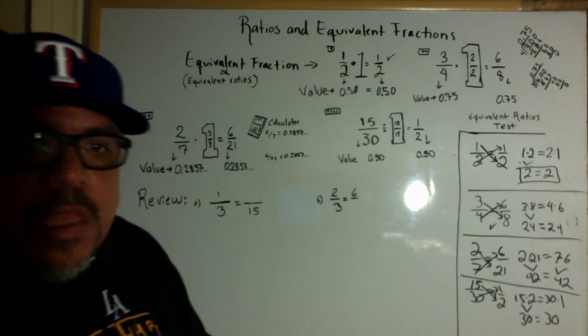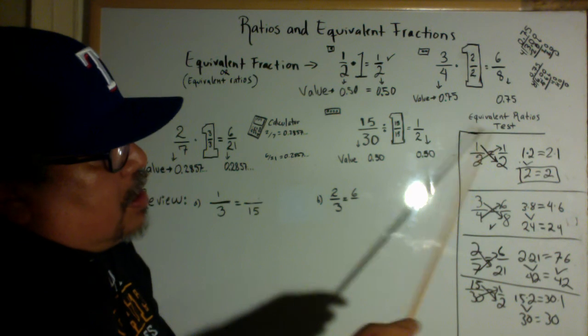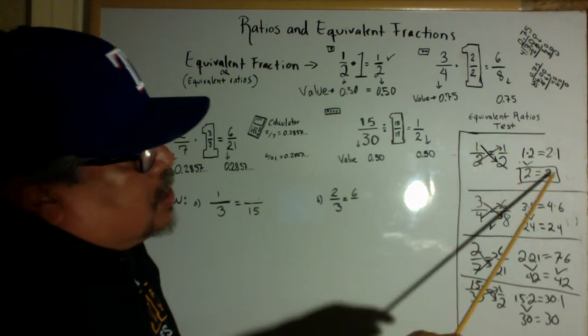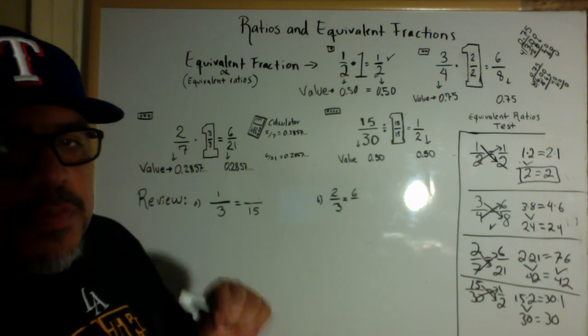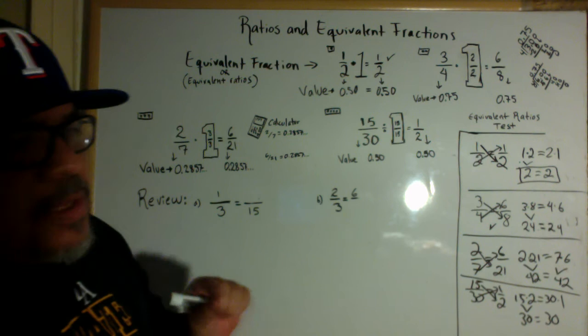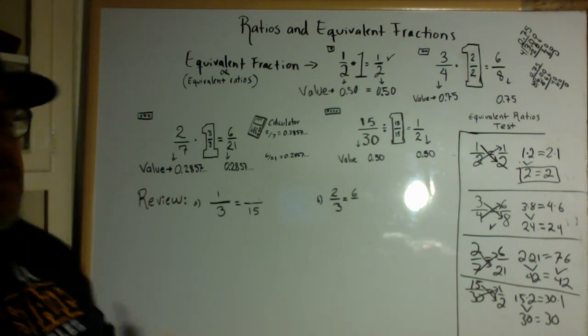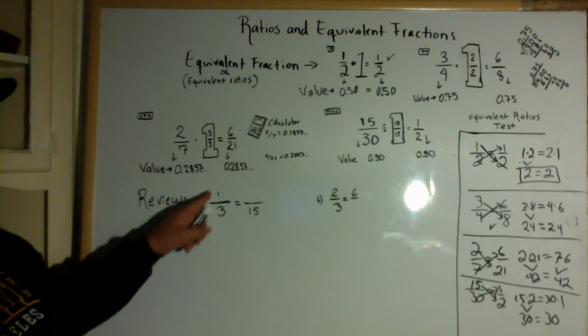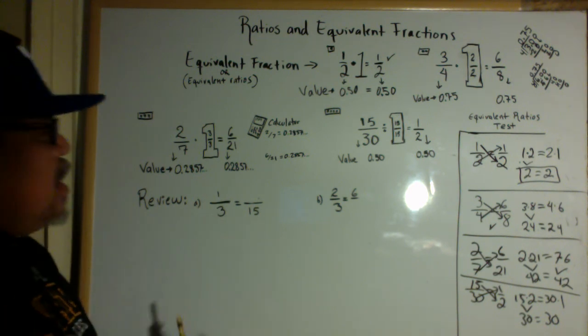As you can see, when you have equivalent fractions, you can test it and cross multiply to see if they are equivalent. That property we're going to be using because now that becomes predictable when you're missing a number. For example, if you look at this problem right here, 1 over 3 equals something over 15, I'm missing a number right here.